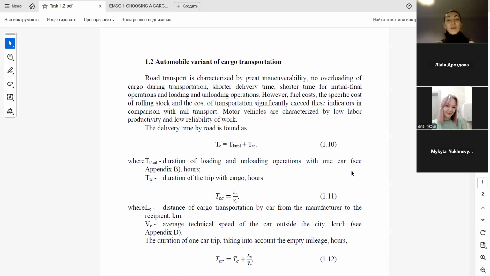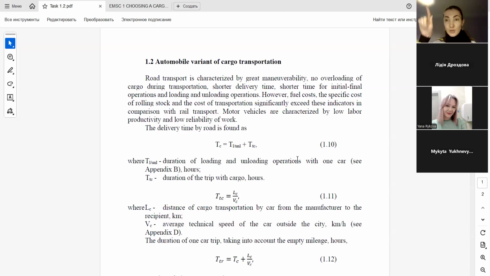And be careful because we need to use this time in our formula in hours. We need to divide this parameter by 60 and find this time in hours. Please write is equal to 7 divided by 60, and we have the result in hours. 7 minutes, but we need this information not in minutes, in hours.